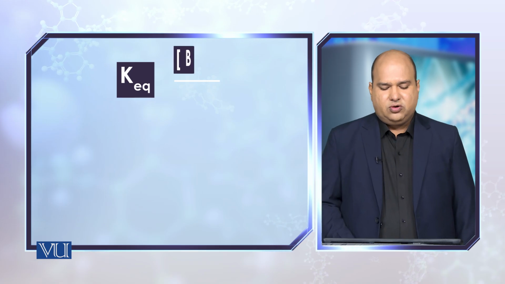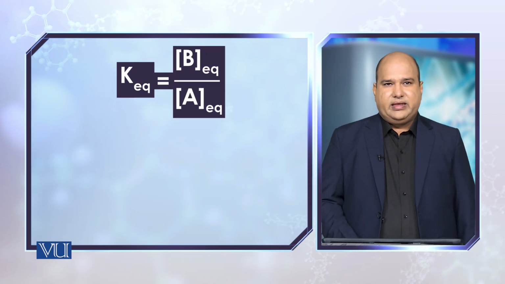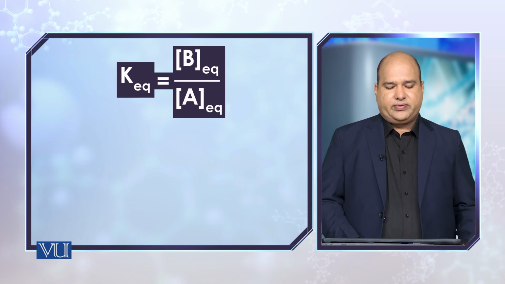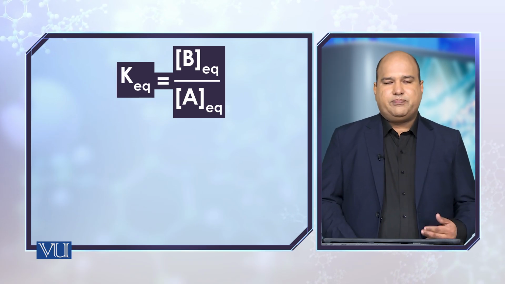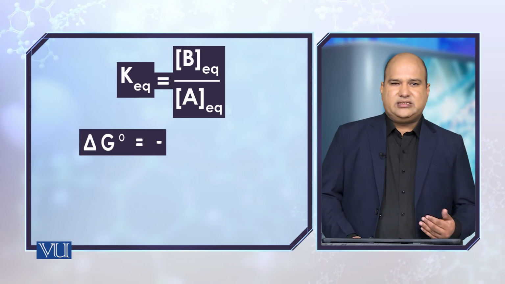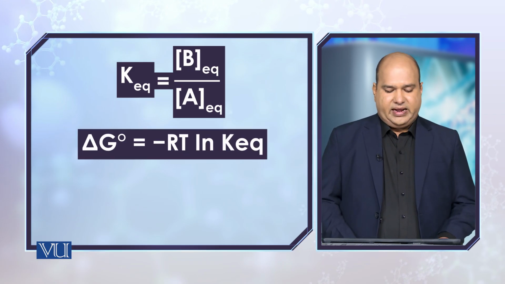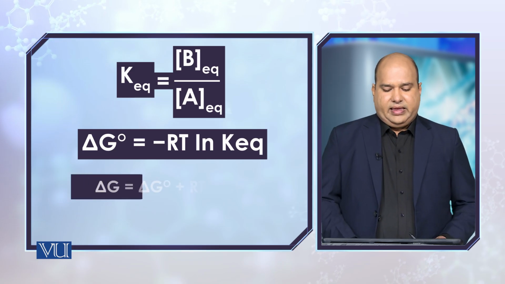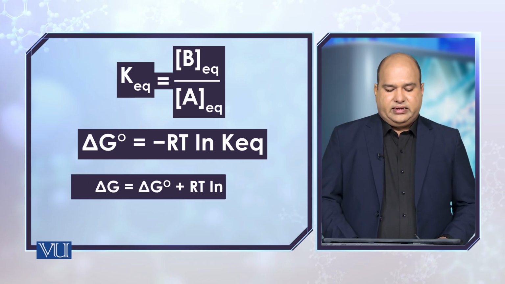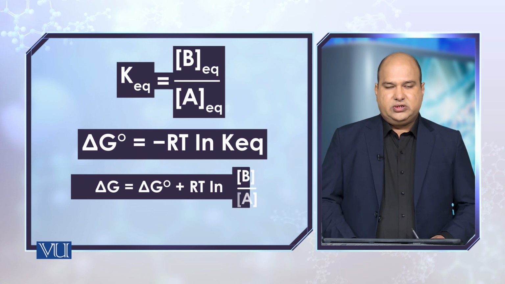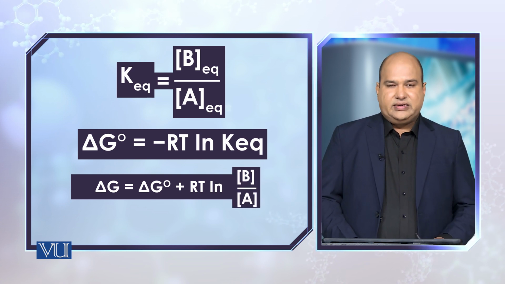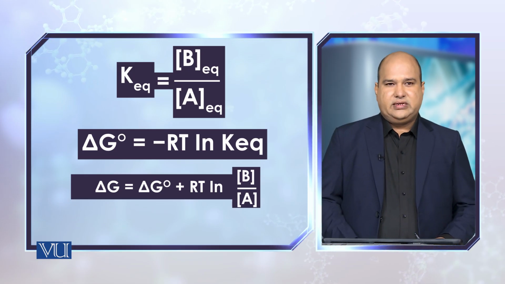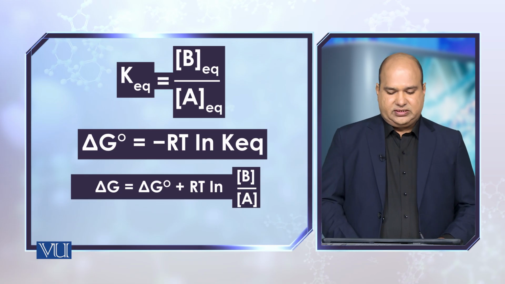Also, you should know that the equilibrium constant of a reaction is equal to the ratio of the concentration of product and reactants. And as I have already shown you in the previous expression, delta G and delta G naught are related with each other through this ratio of concentration.